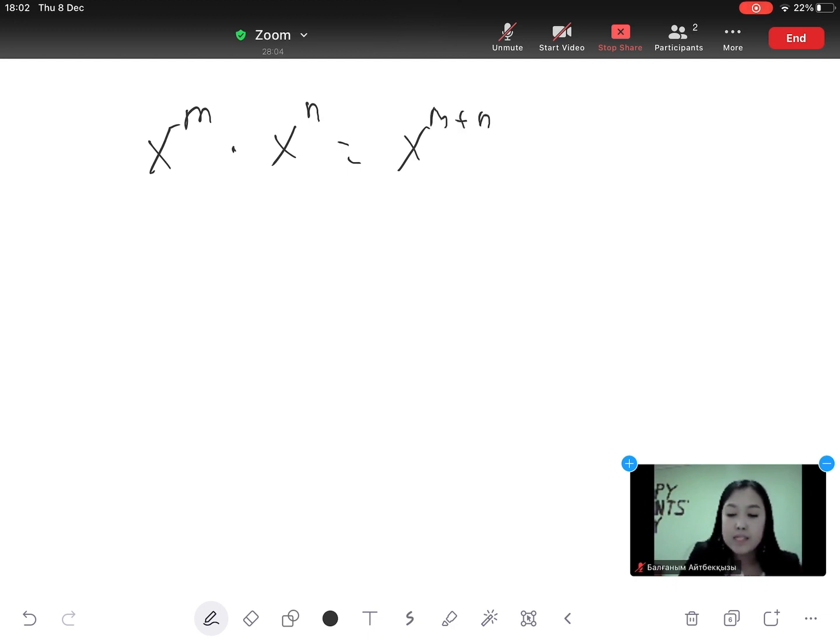And the second law says if we have the base x with exponent m being divided by the same x with exponent n, we can combine them simply by subtracting the exponents, x to the m minus n.